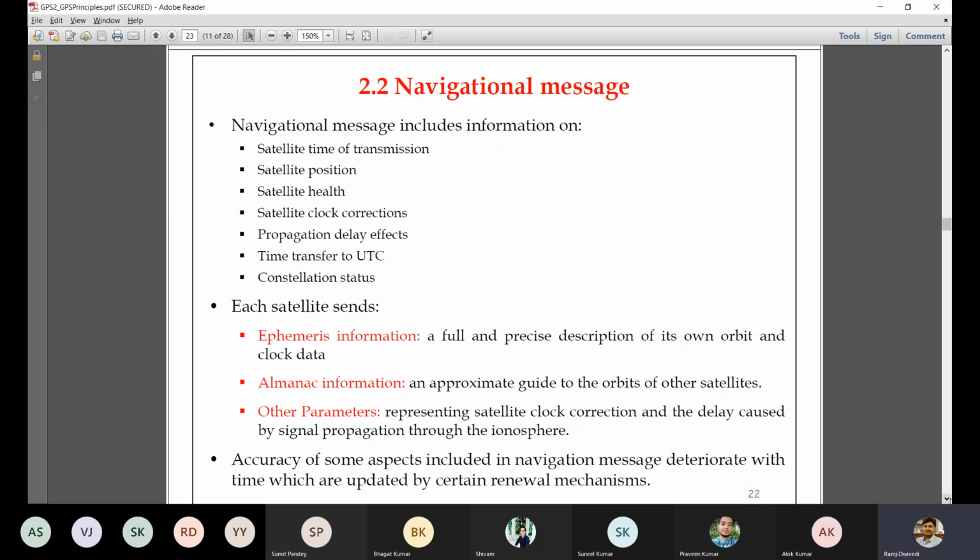Each satellite sends ephemeris information, that is a full and precise description of its own orbit and clock data, almanac information, an approximate guide to the orbits of the other satellites, and other parameters, which represent satellite clock corrections and the delay caused by signal propagation through the ionosphere. Accuracy of some aspects included in the navigation message deteriorates with time, which are updated by a certain renewal mechanism with the help of the control segment.